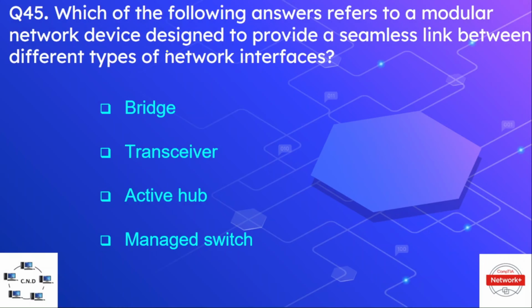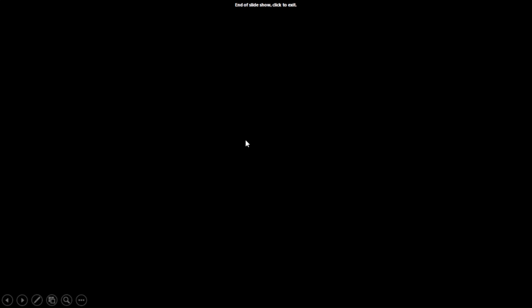Question number 45 is that which of the following answers refers to a modular network device designed to provide a seamless link between different types of network interfaces? And the options are bridge, transceiver, active hub, and managed switch. And the correct option is transceiver.